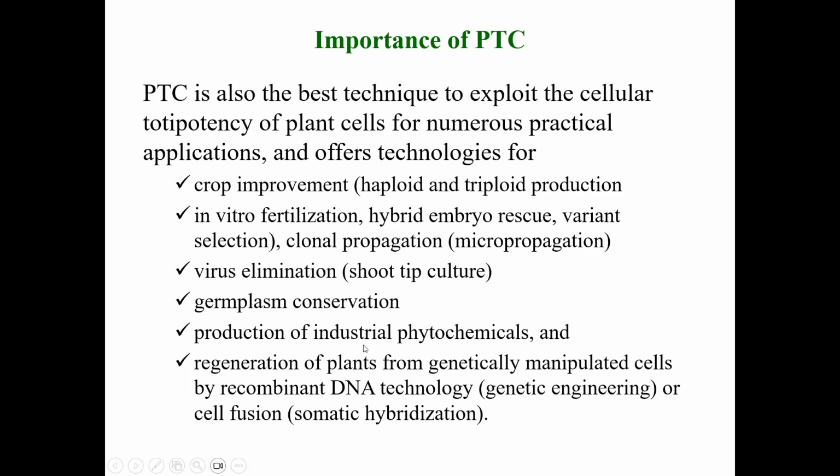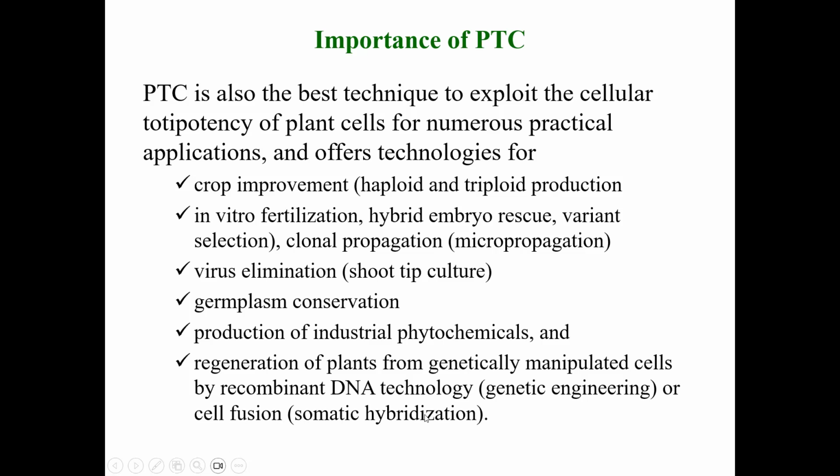So with tissue culture as a cell culture industry, you can culture the cells in big 5,000 or 10,000 liter fermenters, offer the nutrients and trigger their cell division, and then extract the phytochemicals for your own industrial interest. Another point is regeneration of plants from genetically manipulated cells, by recombinant DNA technology or cell fusion, somatic hybridization.